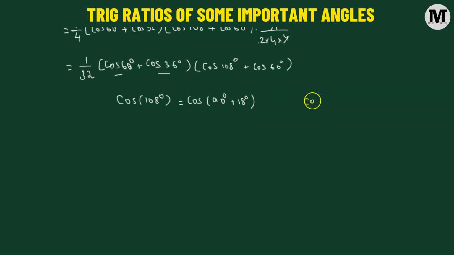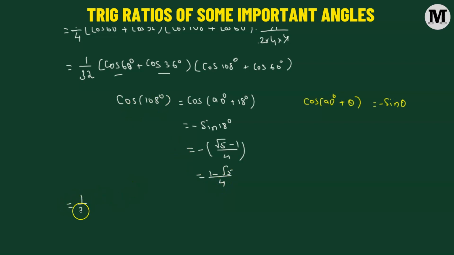Whenever we have cosine of 90 plus theta, that corresponds to negative sine theta. With theta as 18 degrees, this is equivalent to negative sine 18 degrees. Now sine 18 degrees has a standard value, square root of 5 minus 1 divided by 4, which means we have 1 minus square root of 5 over 4 as the value of cosine of 108 degrees.